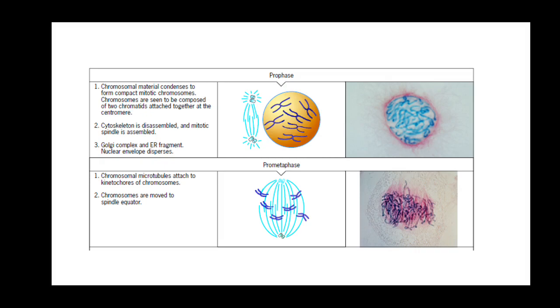Mitosis or meiosis, as I said, is nothing but the division of the nucleus. The major differences between these two divisions are that mitosis usually occurs in somatic cells, and this type of division is mainly concerned with either growth or repair.